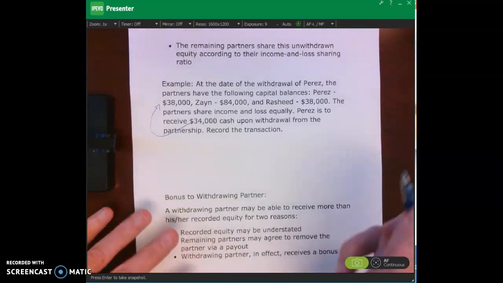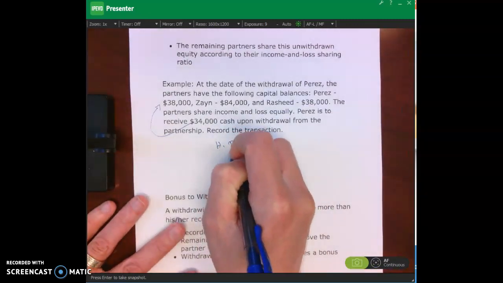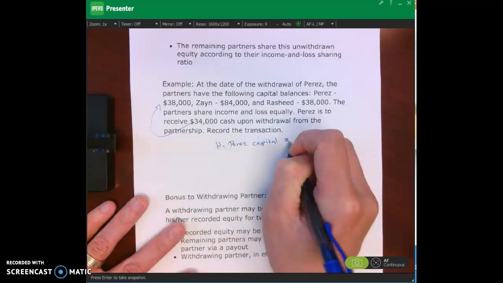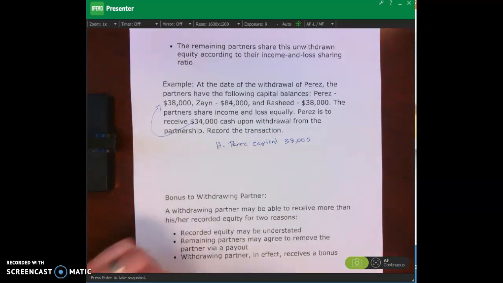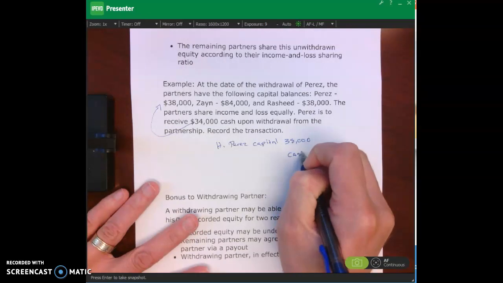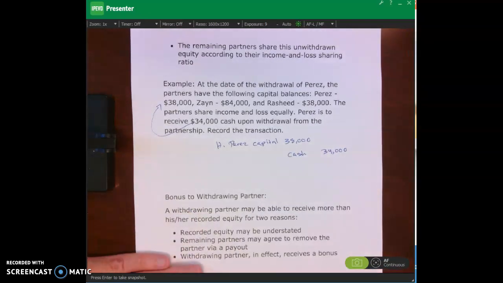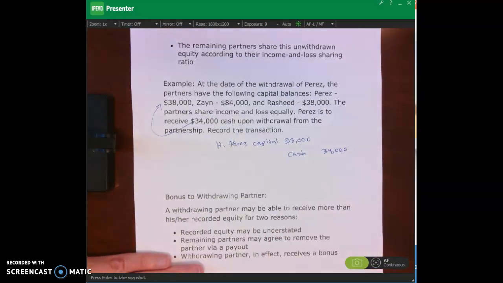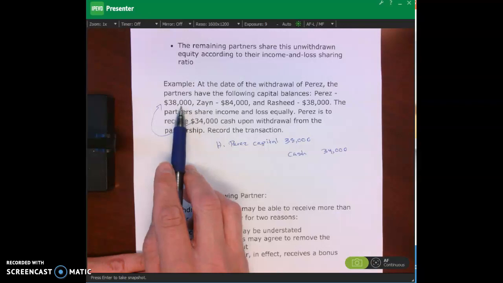In that case, we debit H Perez capital for that $38,000, just like before, and credit cash $34,000, how much the partnership is going to pay Perez to leave. Now we have a $4,000 difference between our debits and credits. He's only taking $34,000 cash but has $38,000 in equity.